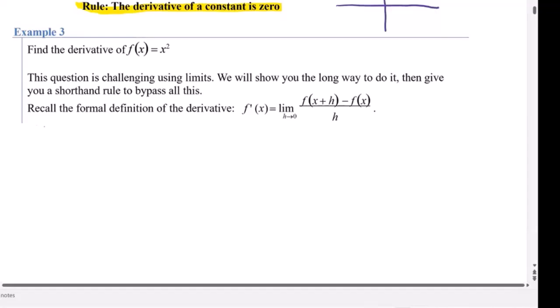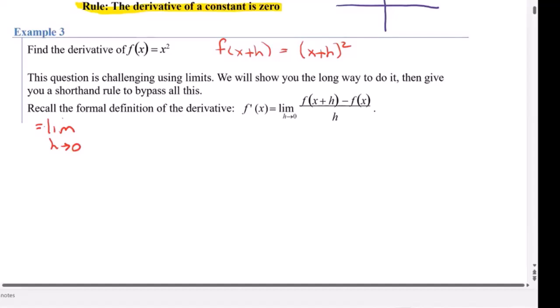So I can say this is equal to the limit as h approaches 0 of, well, f of x plus h. We've talked about this a few times. We replace whatever the x is with what's in the parentheses. So it's x plus h quantity squared. So if f of x equals x squared, then f of x plus h equals x plus h squared.